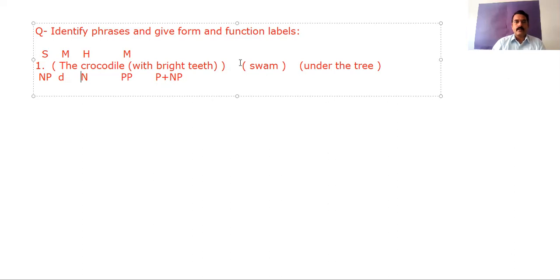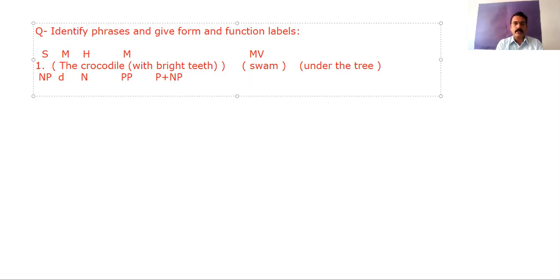Fine. Now let us move on to the second phrase, that is swam. So you might have identified this as a verb. So it is a main verb when there is only one element in verb phrase, and if there are more than one element in the verb phrase, the last element functions as main verb, as we have already gone through, right? Then let us give the form label.